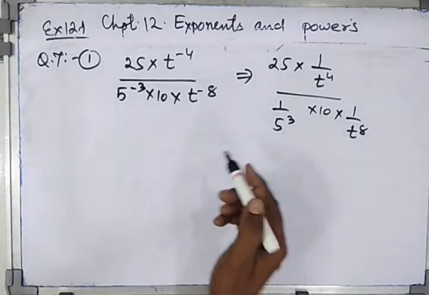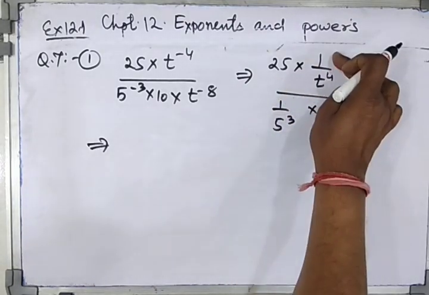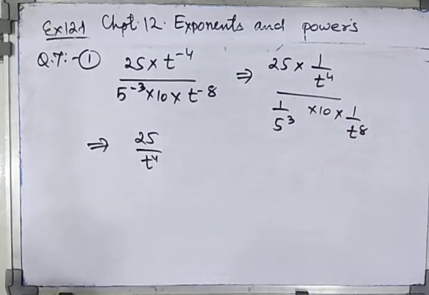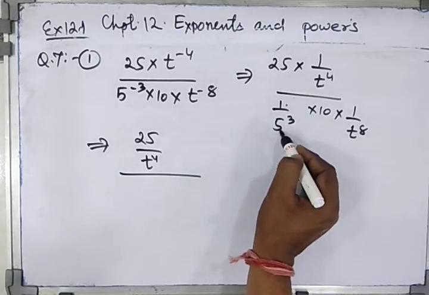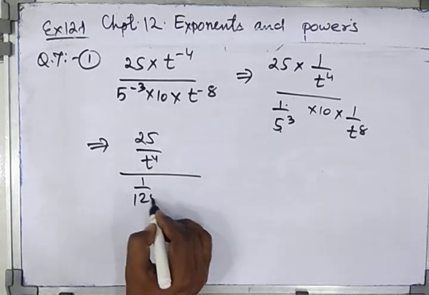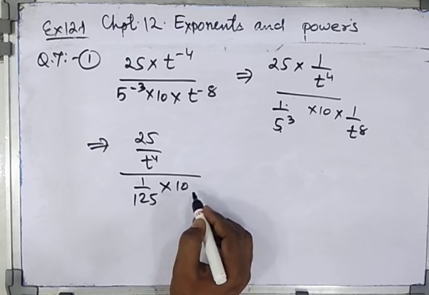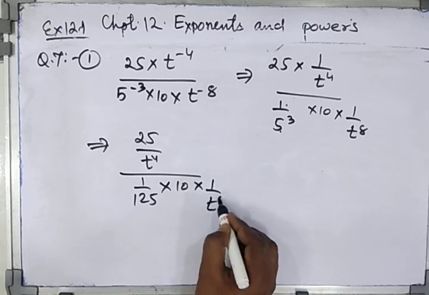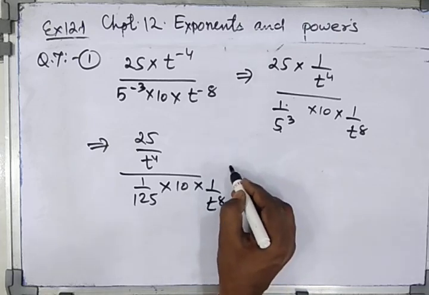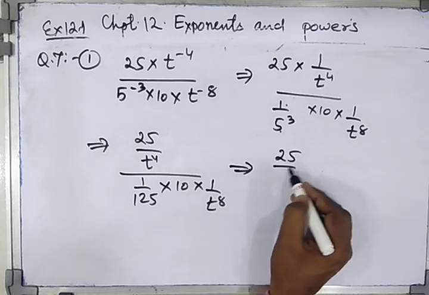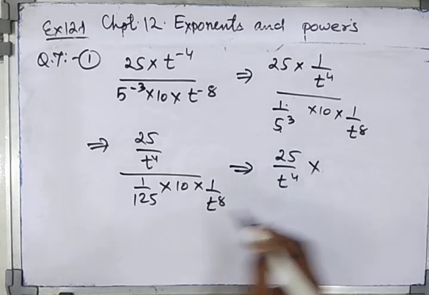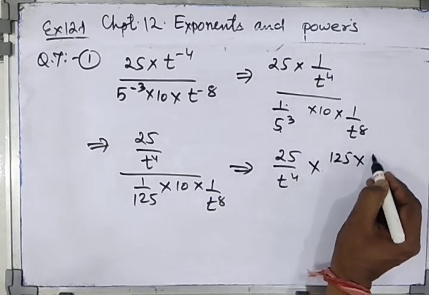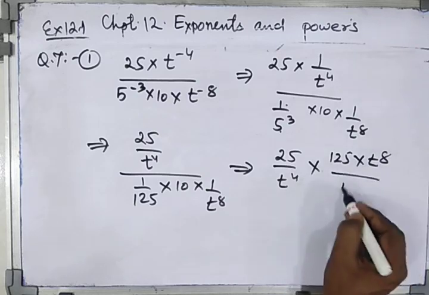So students, this will be equal to 25 by t raised to 4 divided by 1 by 125 into 10 into 1 by t raised to 8. So this will be equal to 25 by t raised to 4 into 125 into t raised to 8 divided by 10.